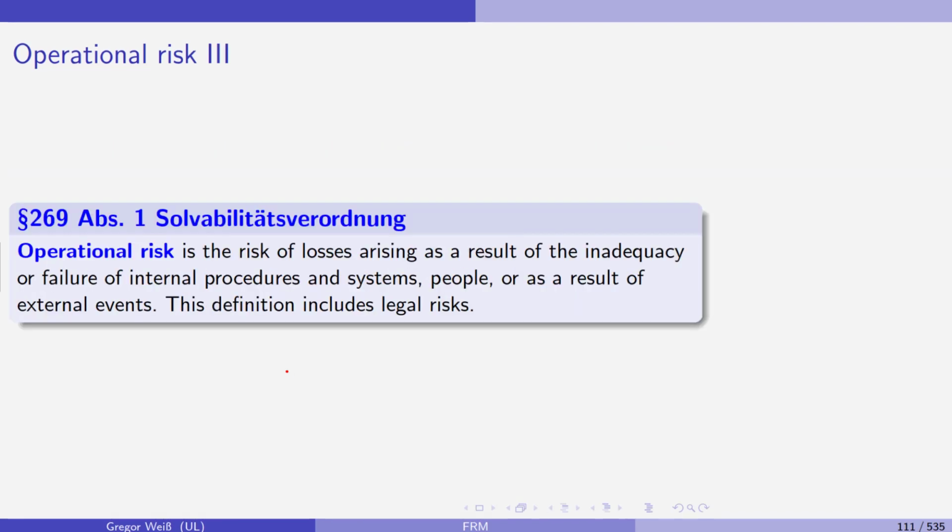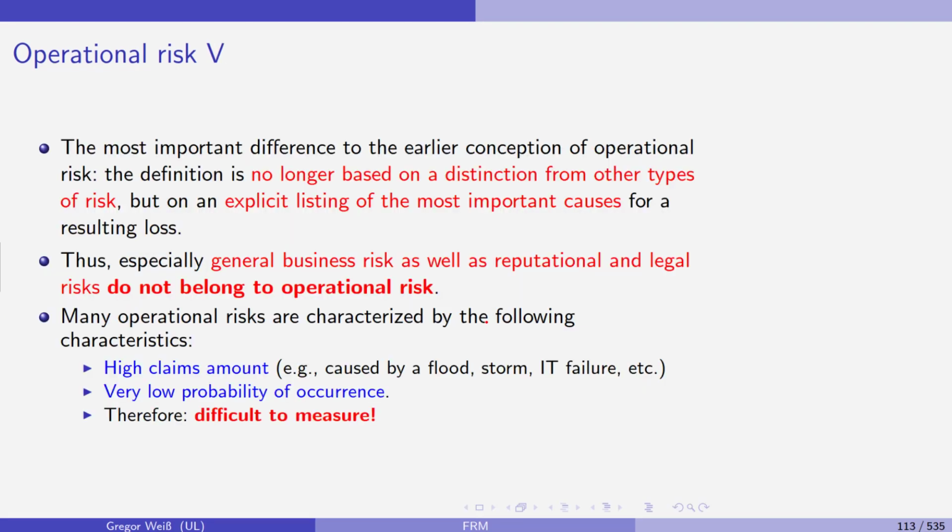Legal risk, in the Solvency, it is included. Sometimes legal risks are not included, because then you could make the case that there is always an underlying business or an underlying transaction that causes legal risk. So it might be a trading transaction, might be a trade, might be a loan contract, and this is where the legal risk stems from.